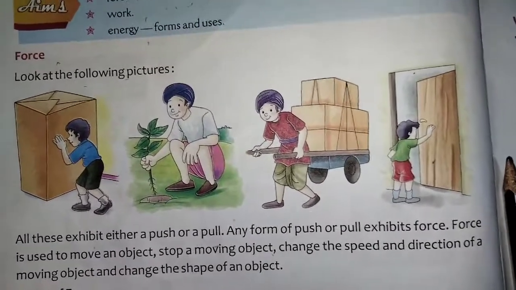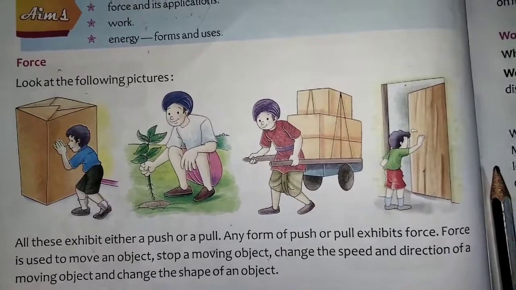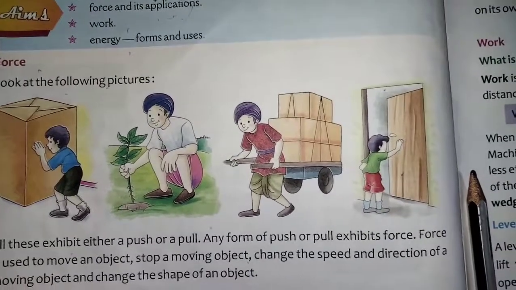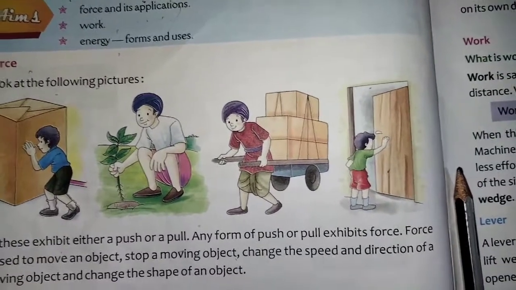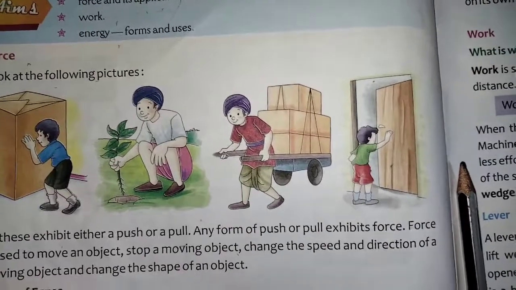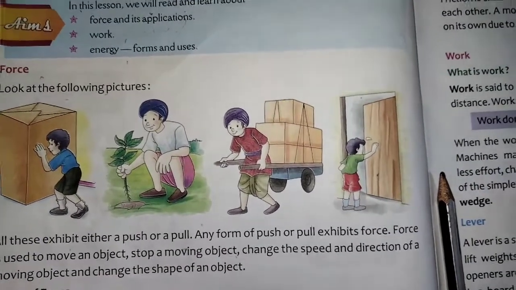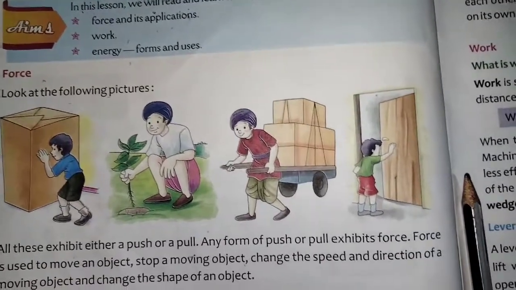And force can make a moving object stop. Now you know the top is moving. If you want to make the top move, you require force. And if you want to make that top stop, you require force. You can hold it nicely.